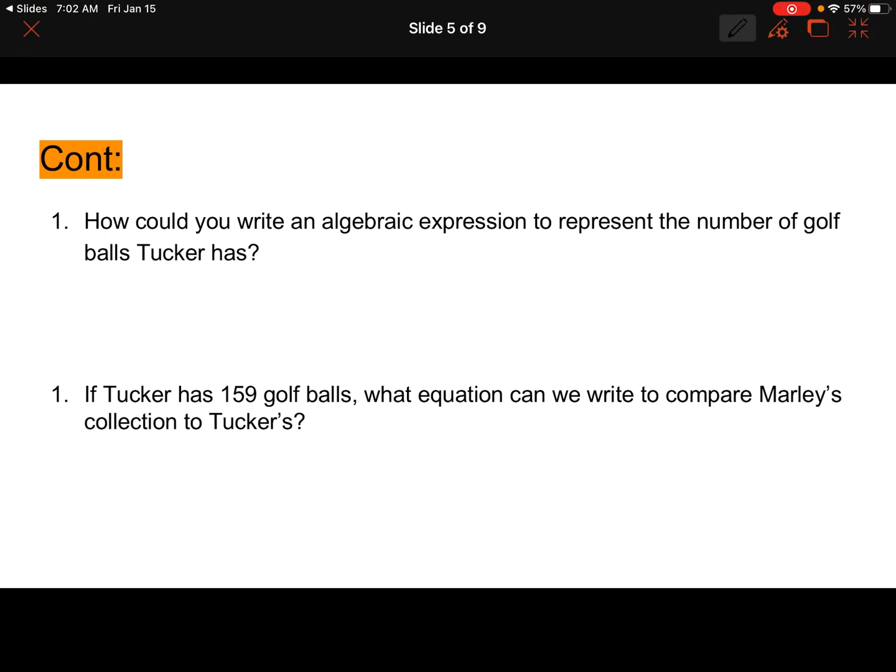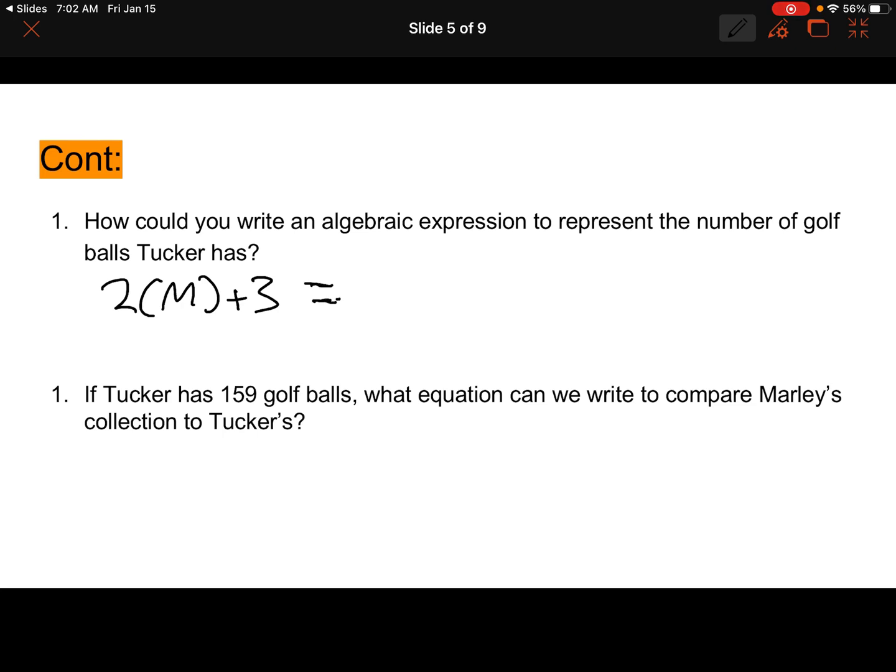So last slide, we said Tucker would have 2 times M plus 3, where M is equal to the number of golf balls Marley has collected. In order to make this an equation instead of an expression, we need to have an equal sign in there. All right, now what did we say 2 times M plus 3 was?